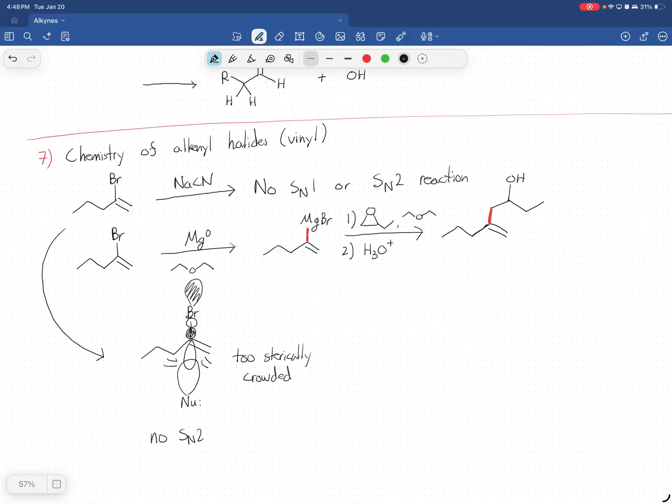Because remember, if it's planar, you can't really rotate those bonds out of the way because of the pi bond. It's keeping it locked. Remember when we built those models, we tried to rotate it. It doesn't rotate around the pi bond, so we can't get that bond out of the way. So two sterically crowded bonds around the pi bond are locked in place.